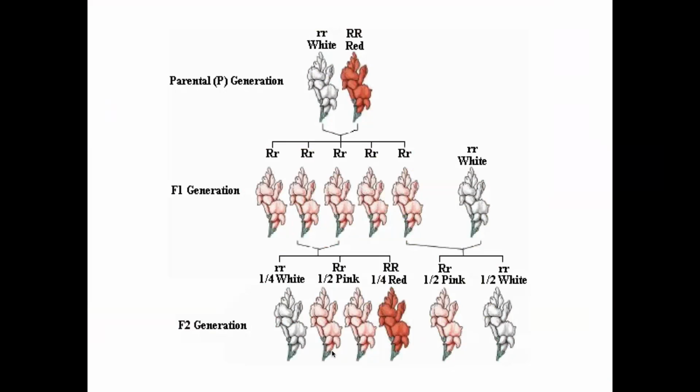So they said, okay, what that means is that flower color in snapdragon is determined by a single gene. There's two allelic alternatives. However, those two allelic alternatives don't exhibit a dominant recessive allelic relationship, but instead they exhibit a new relationship that they call incomplete or partial dominance.